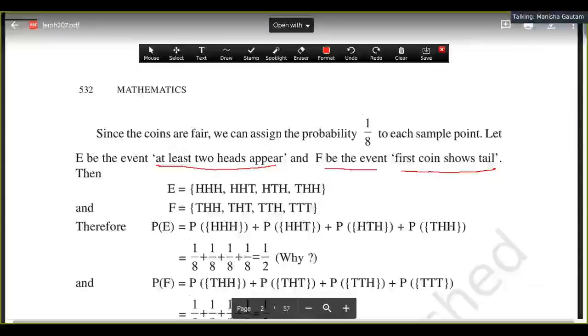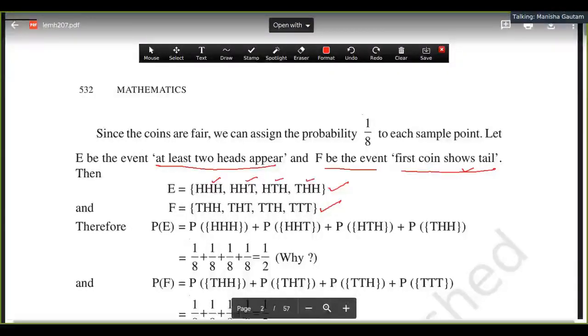At least 2 heads means 2 heads and more than 2 heads from the sample space. Number of outcomes is 4, 3 heads and 2 heads, both cases. 4 outcomes are there. For F, first coin shows tail. These 4 outcomes are there in the event F.